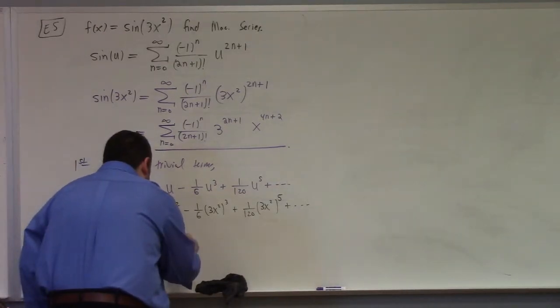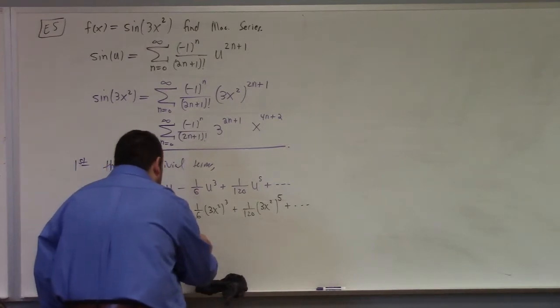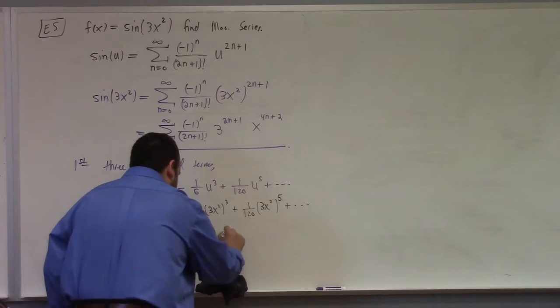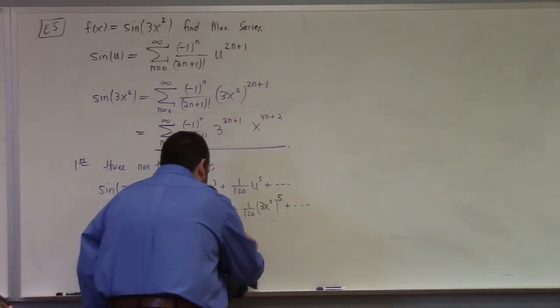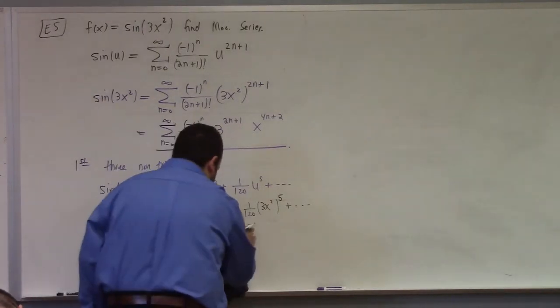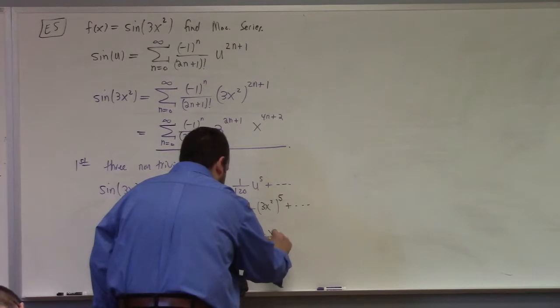So 3x squared minus, I'll be lazy, 27 over 6 x to the 6th plus, oh wait a minute, 243 over 120 x to the power 10.